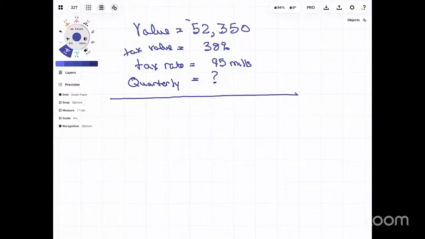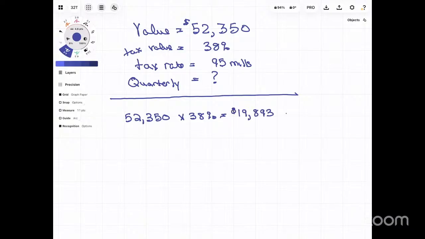Well, we know that the value is $52,350, but that's not what we're paying taxes on. We've got to find 38% of that. So 52,350 times 38% gives me 19,893.